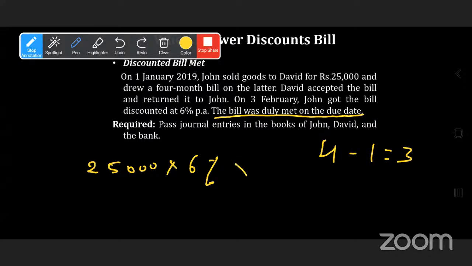Now you have to take 3 months by 12 months. 25,000 into 6% is 1,500. 1,500 into 3 by 12.